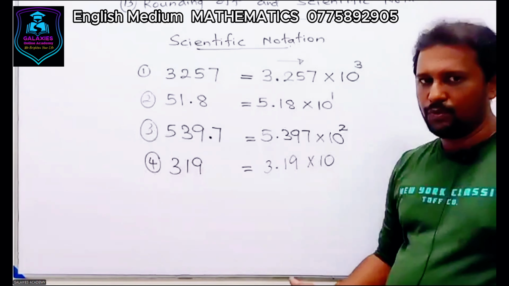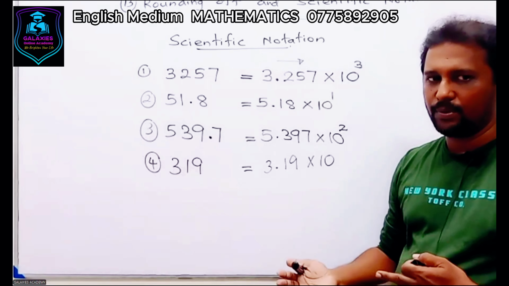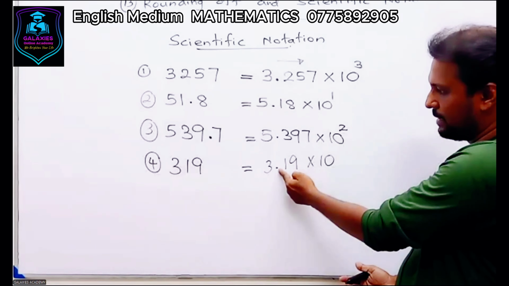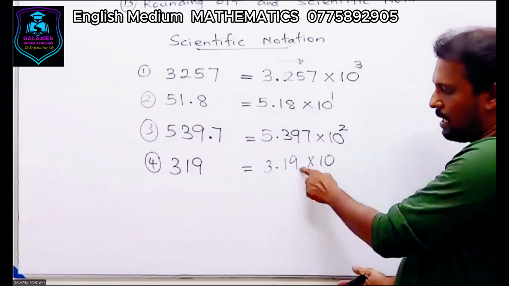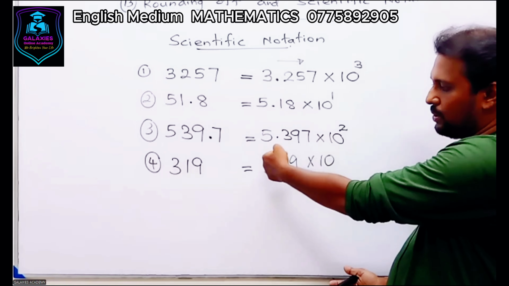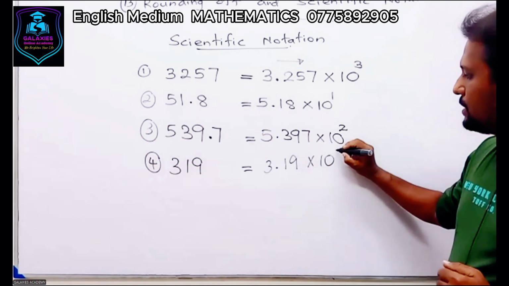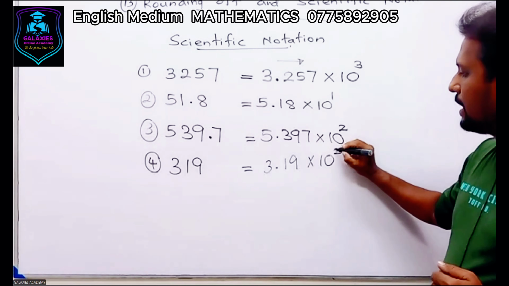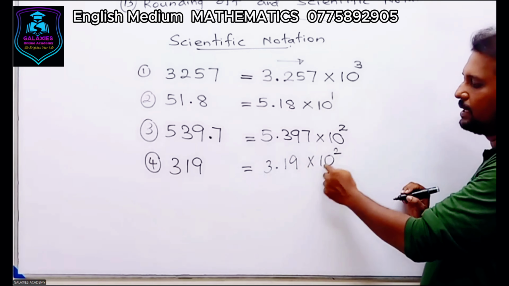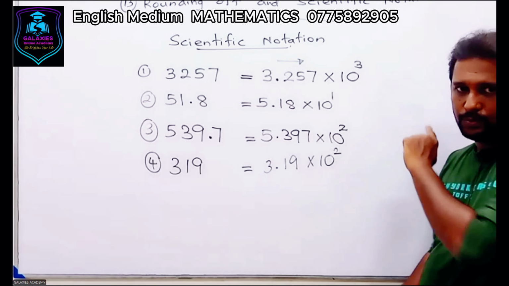Which 2? Positive 2 or negative 2? Positive 2, no? We have to get this decimal point after 9. That means 2 places we have to move in the positive direction. So when you write the scientific notation, you write 3.19 multiplied by 10 to the power 2.